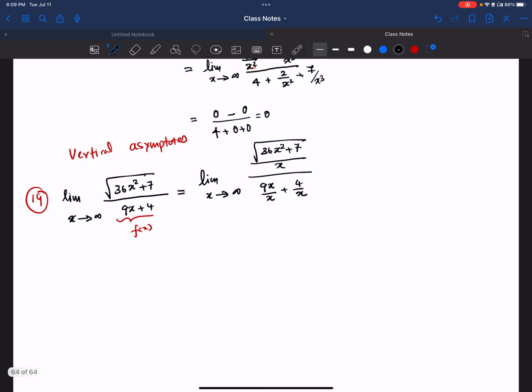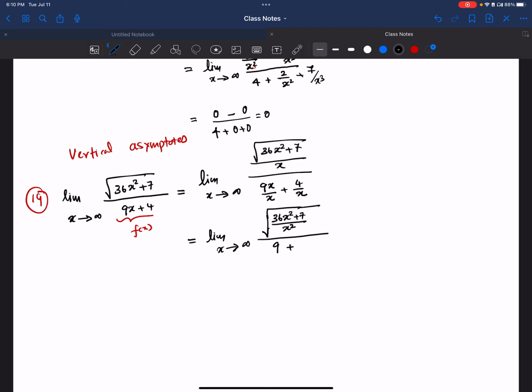Now, if you want to take this x into the square root sign, you need to make it x squared. So what I can do is, limit as x goes to infinity, this would become the square root of 36x squared plus 7 divided by x squared. Now this x is in the radical, the square root sign.